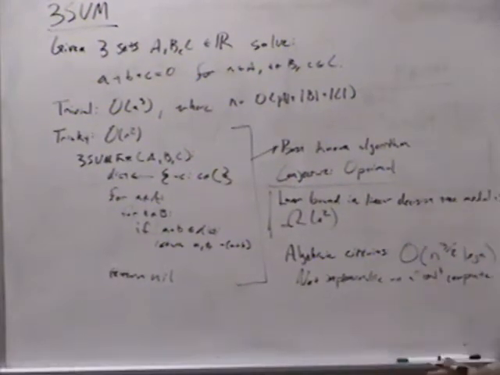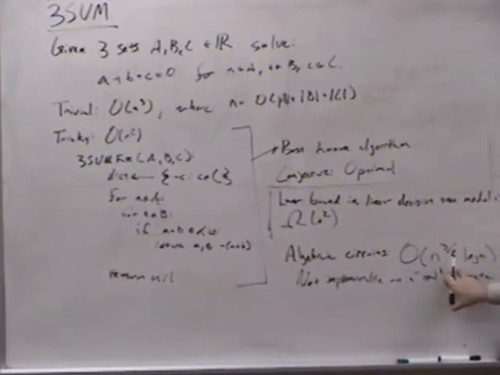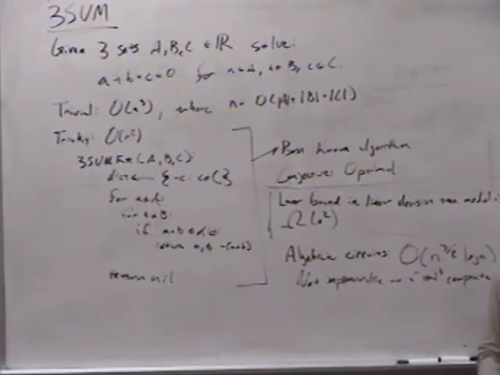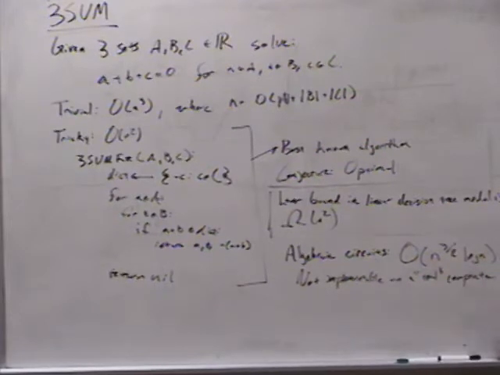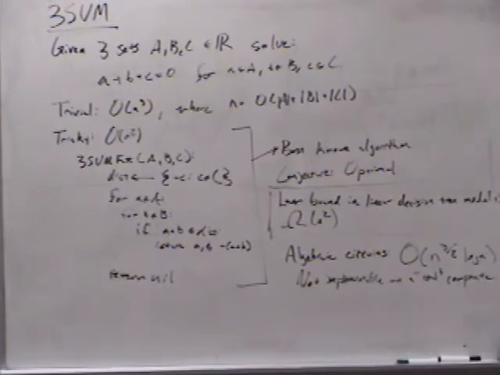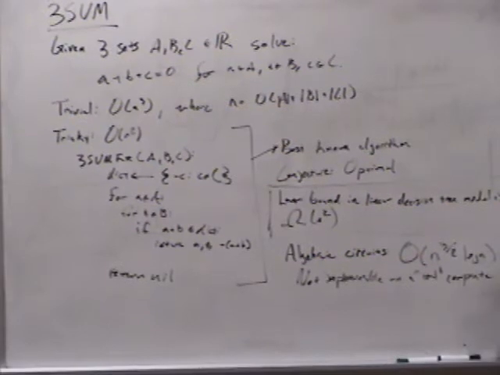To actually construct the circuit that you would need in order to solve 3-sum for a given instance would require more work than that. It would be basically worse than quadratic time to actually construct the circuit. This is just a sort of decision theory type bound. So what this really shows is that proving a hard bound for 3-sum in a general model of computation is probably really tough.